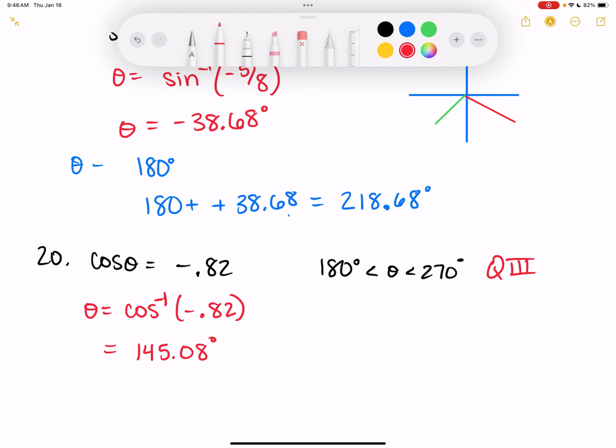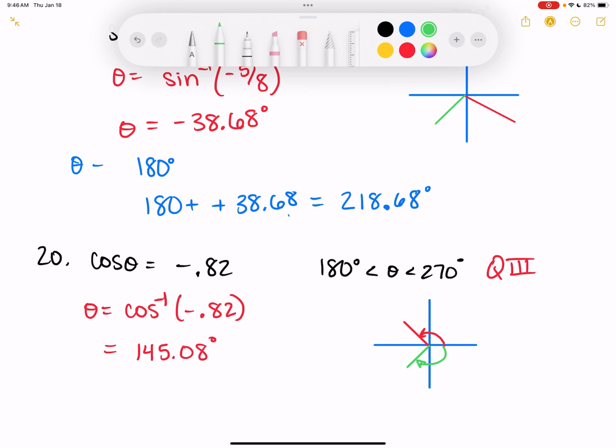145.08. So if I want to get an equivalent angle, right now I've got an angle that is up here, and I need one that's actually down here that's equivalent to that. So I need to do something to get down to here.